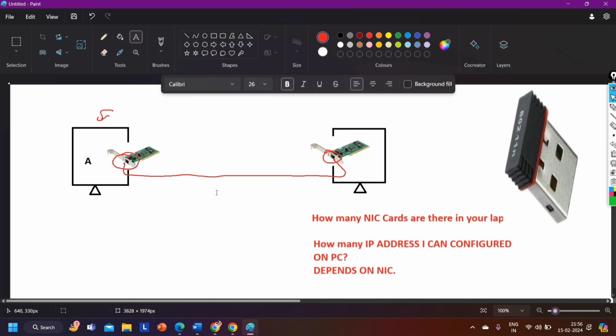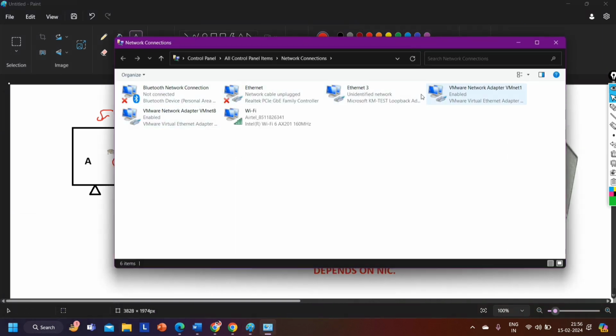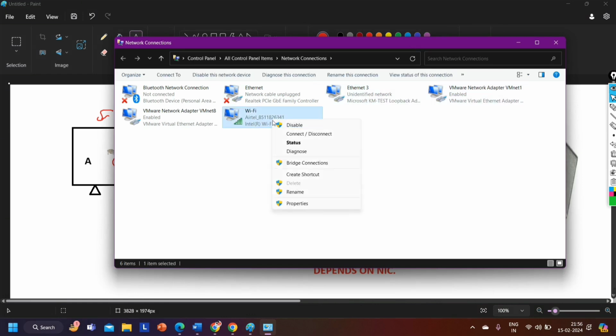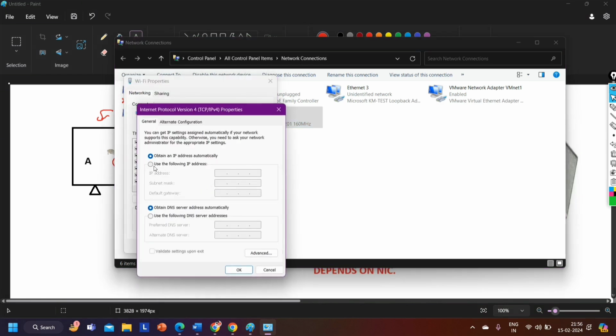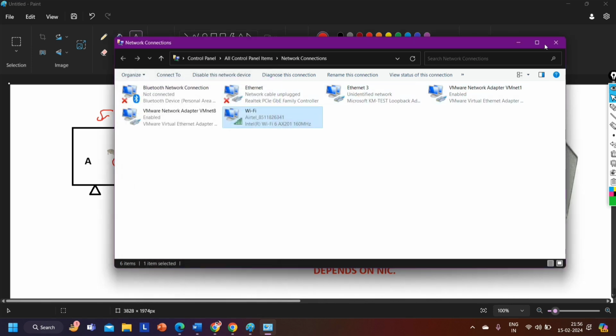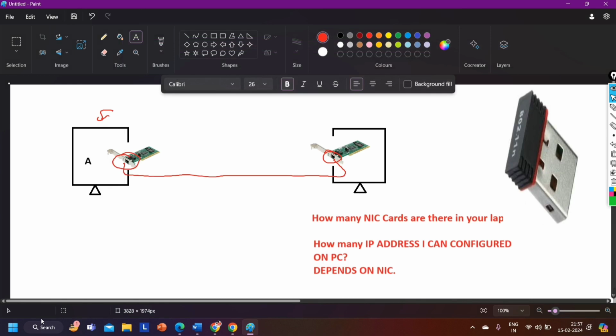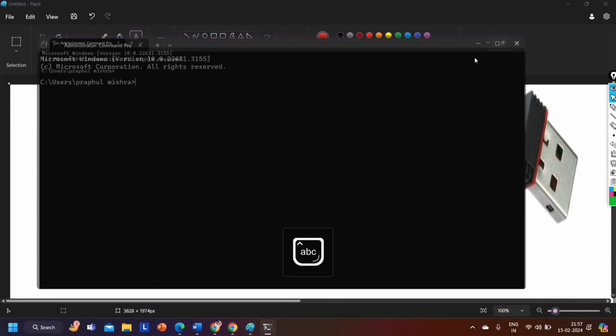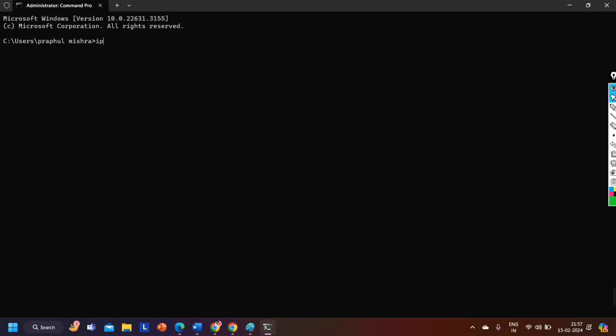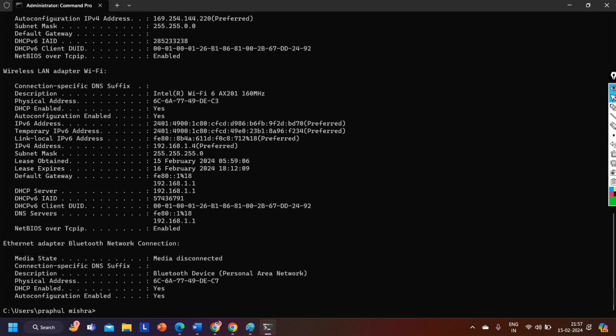So like this, you can see here also. Where's my Wi-Fi? Yes, Wi-Fi. See, on this Wi-Fi NIC, I have one IP address. Why are you not able to see the IP here? Because this port is getting its IP address from a DHCP server. So I can simply open CMD and run one command to check the IP addresses on the Windows operating system: ipconfig /all.